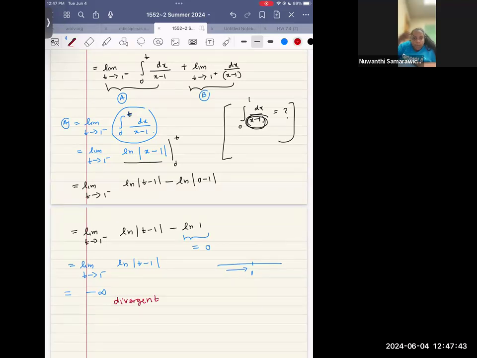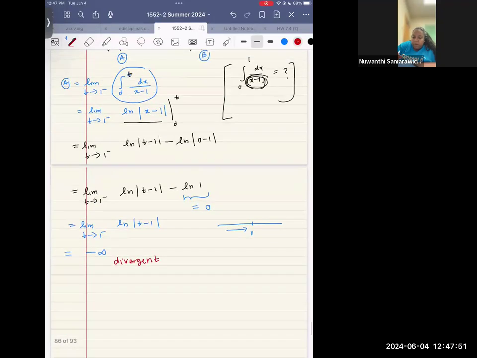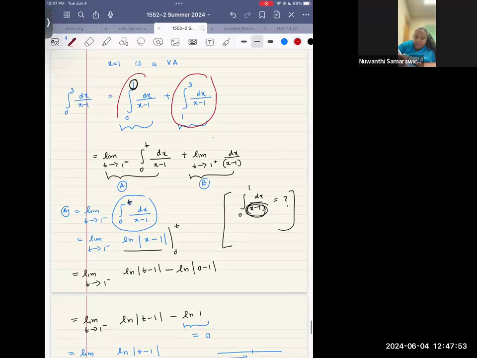So at this point we can just stop without finding the other limit because we already found that one of these parts is divergent.